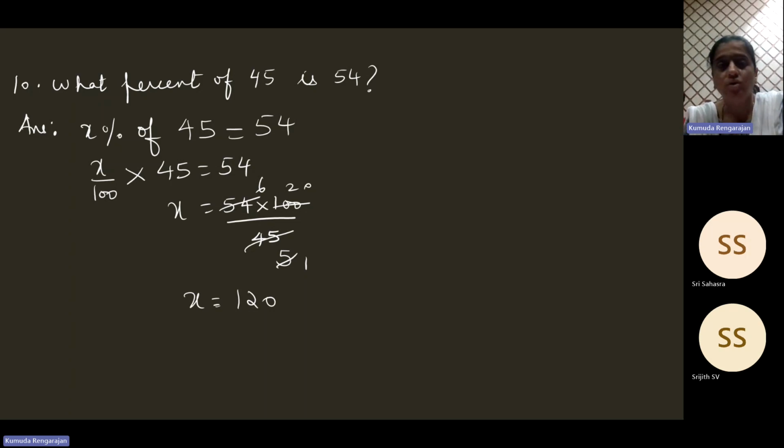So 100% is 45, and 120% will be more than 45. That's why it's 54. 100% itself is 45, so 54 is more than 100%. 120% of 45 is 54.